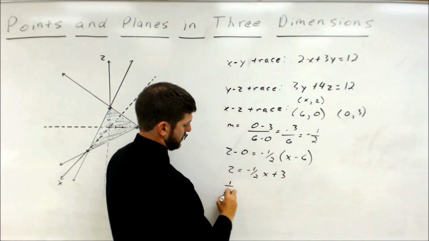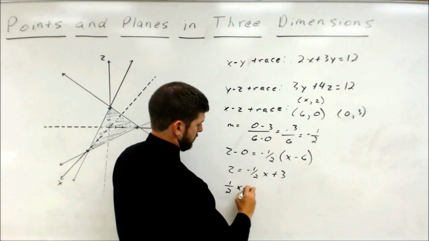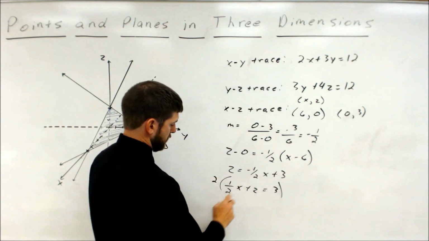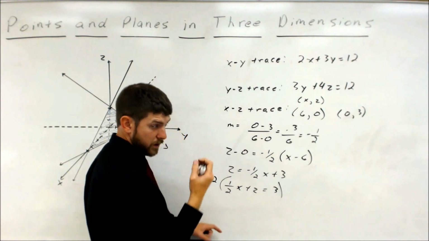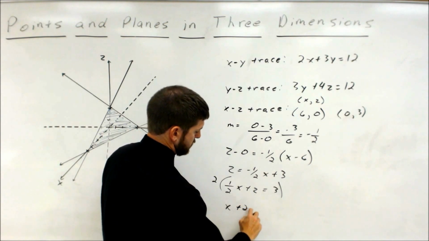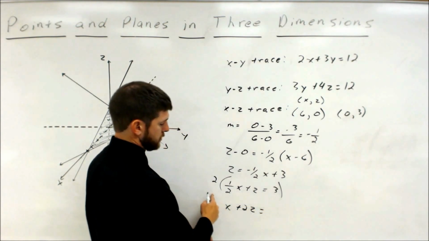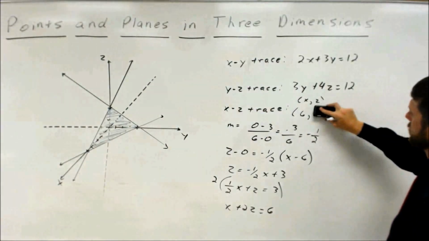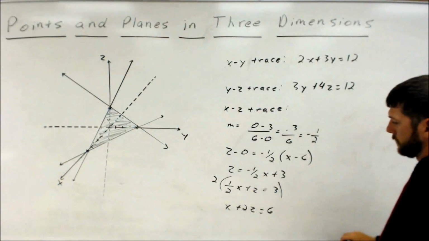Add my 1/2 x over. Plus z equals 3. Let's get rid of that half. So 2 times 1/2 is 1, because 2 and 2 can cancel. So 1x plus 2z equals 2 times 3, which is 6. And that's going to be our xz trace.